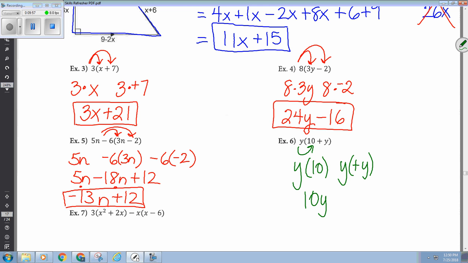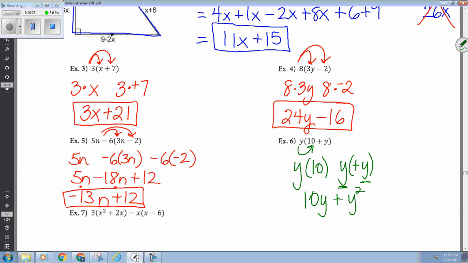But now you have a variable times itself. Anytime you have something times itself, that becomes that variable squared. So this is y to the second power. Remember when I told you that you couldn't change the exponent? That's only with adding and subtracting.